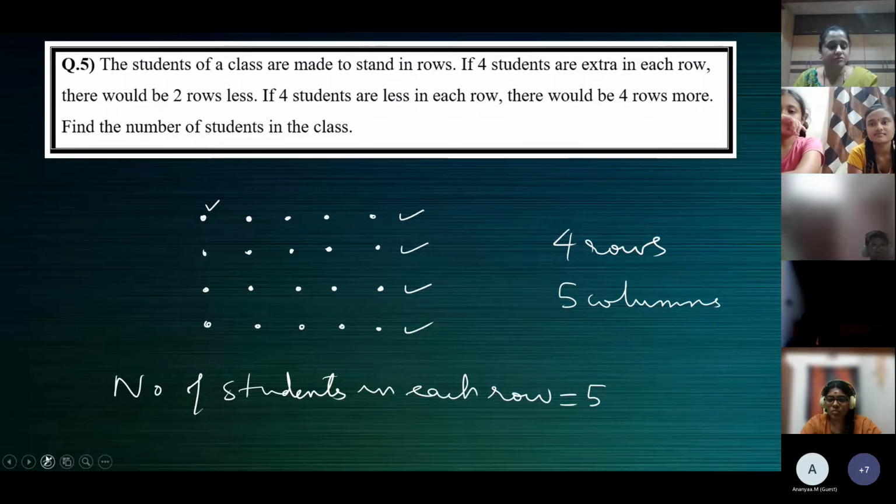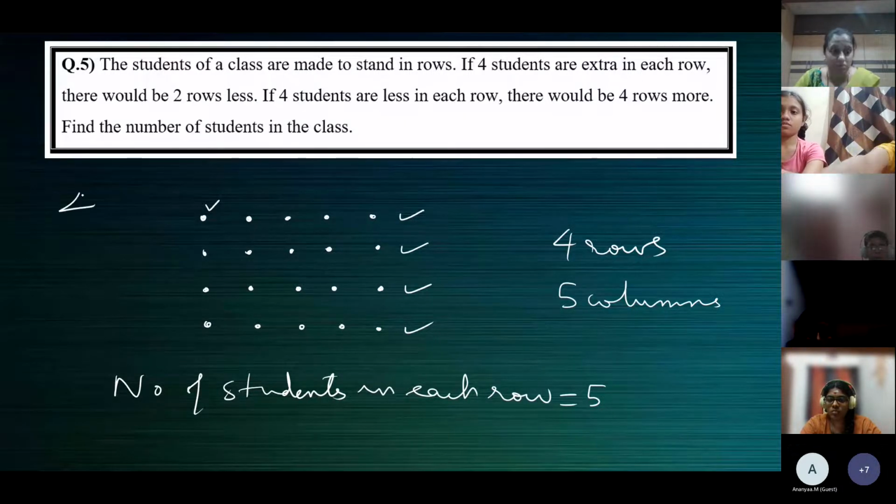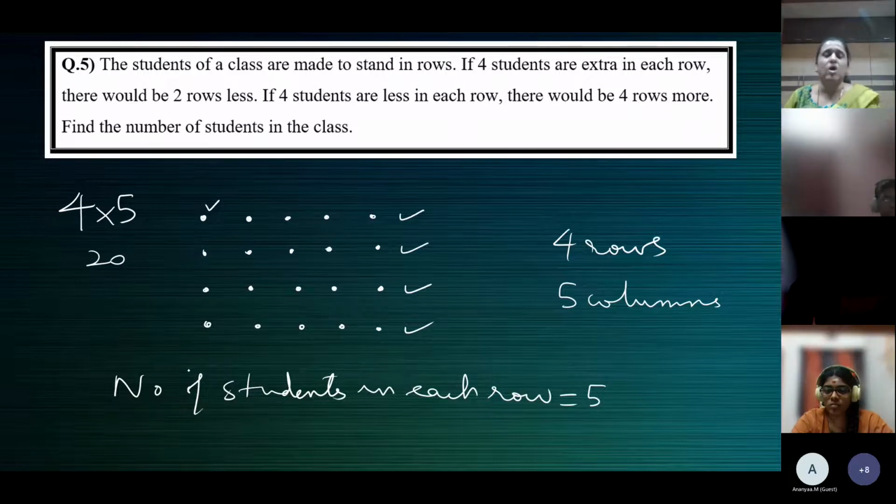All right. So now in this representation, there are 4 rows and 5 columns. So that means 4 into 5, 20 students or 20 dots. Number of students is rows into columns, or columns into rows, 20.